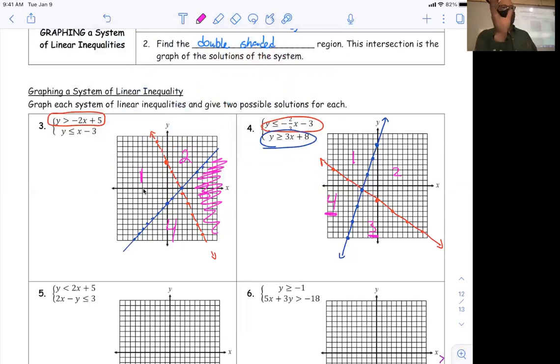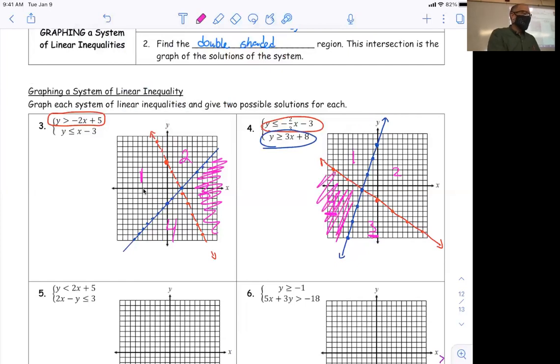Those have to be the regions for the red line to work. Okay, what about the blue line? Where am I going to shade on the blue line? Because this is greater than, I'm going to shade above the blue line. So this is the region above the blue line. I already narrowed it down between 3 and 4, so that means 4 is the region that I want to shade.